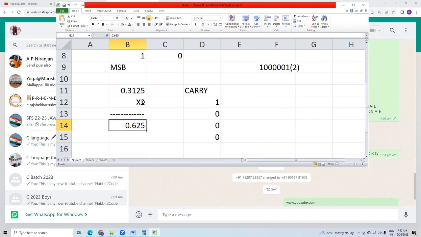We write 0 and the carry is 1, which is written in the carry part, like general multiplication.